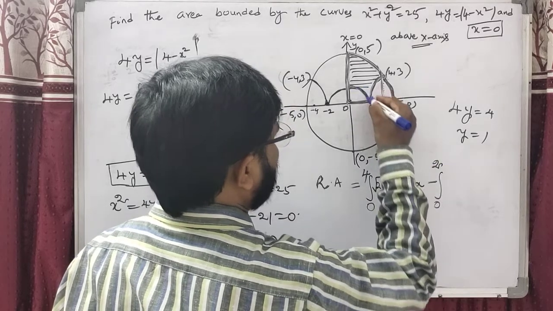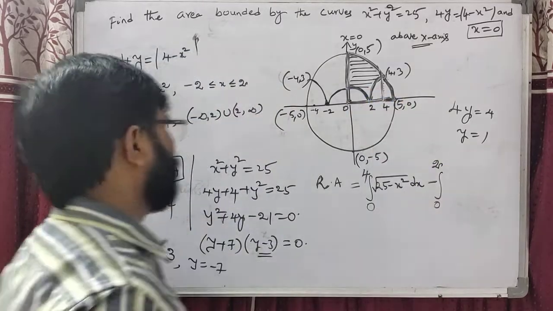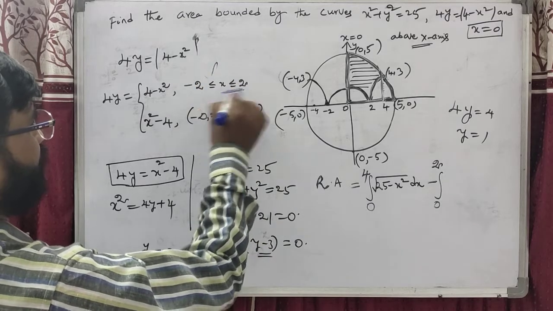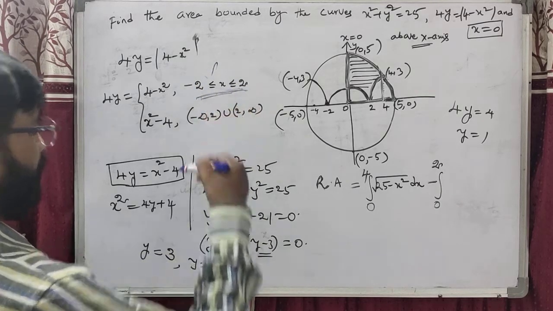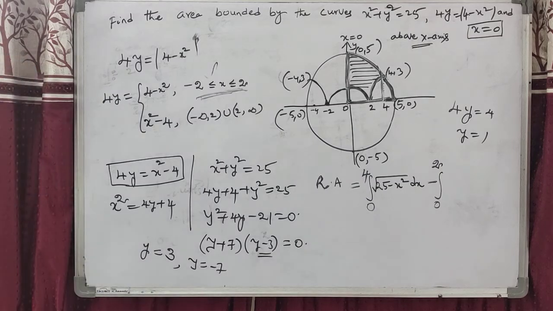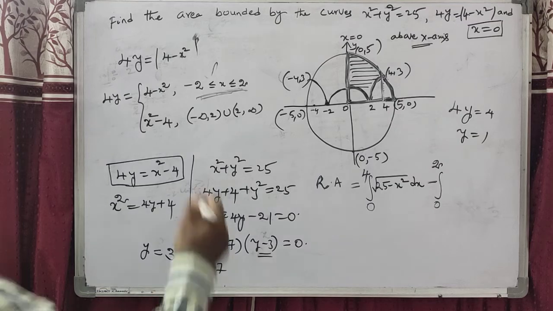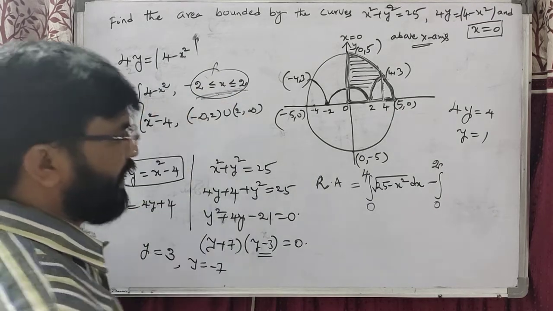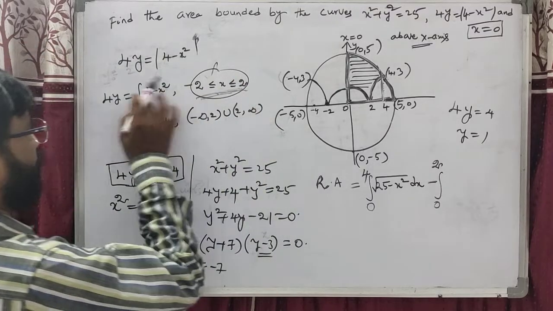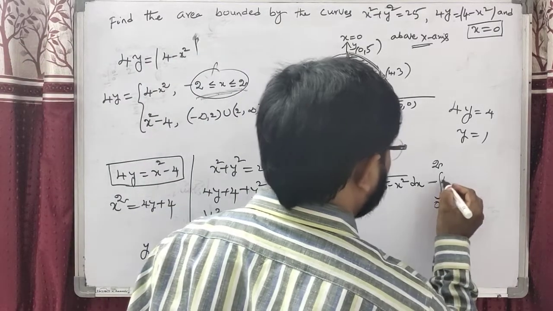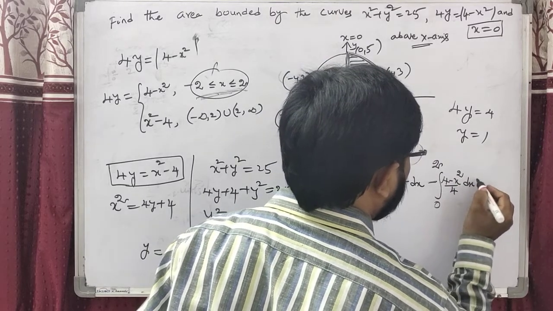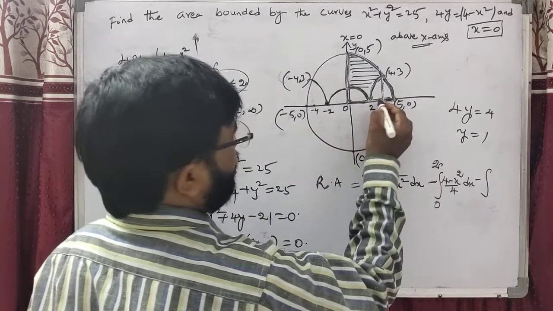In between 0 and 2, we can write y dx as 4 minus x square by 4 dx, and also minus this area also.